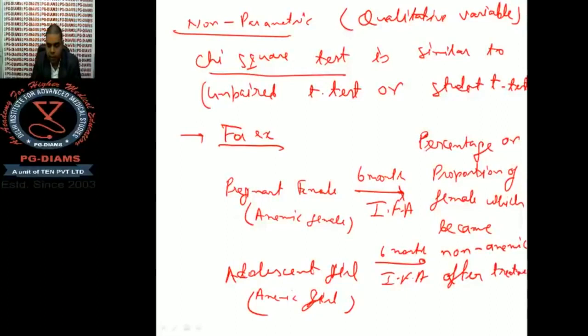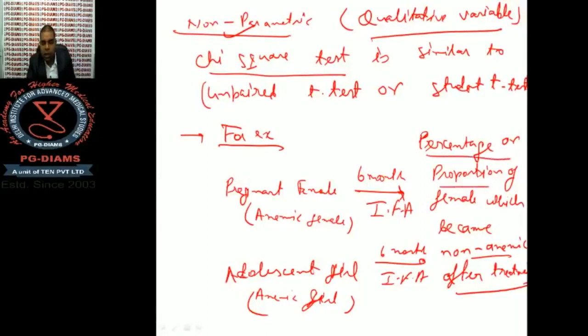You are getting my point? What you are doing here is you are measuring the things in terms of percentage and proportion and not in terms of mean value. So the only difference between non-parametric and parametric test up to now is that non-parametric measures qualitative variable and it measures in terms of percentage or proportion or median.